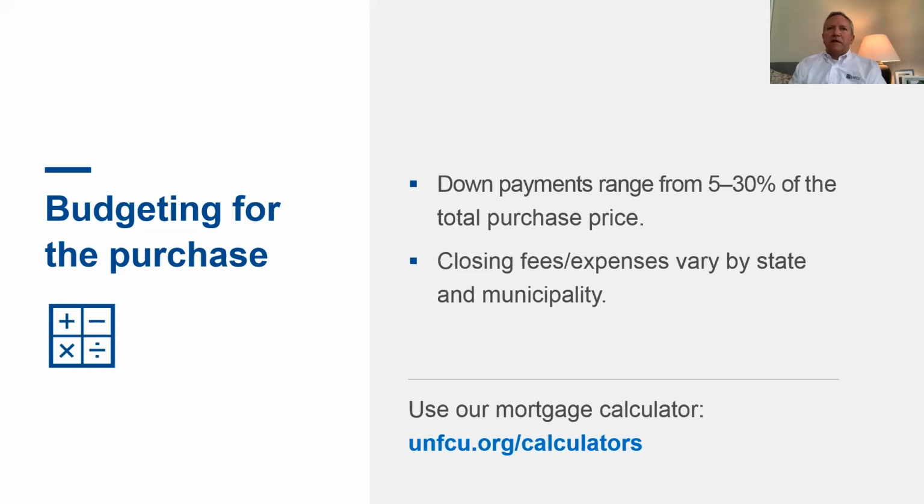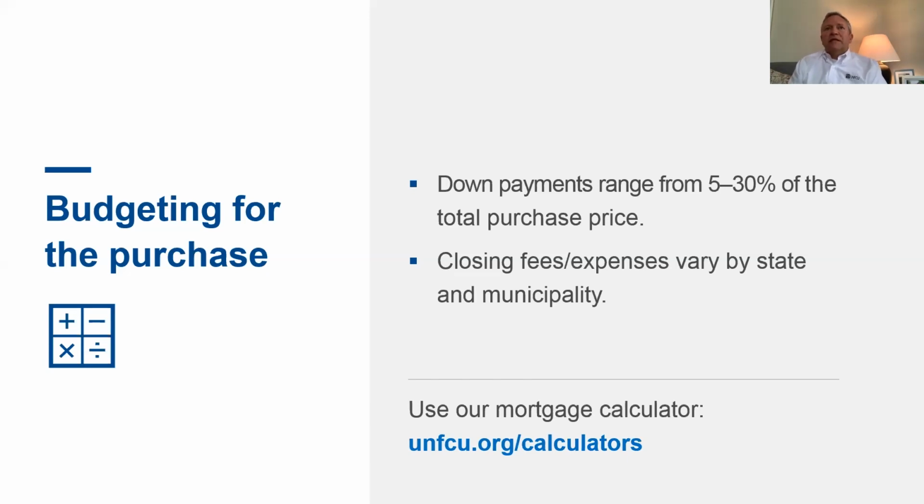Fees will vary by state, by city, by county, depending on where you're buying and what you're buying. In some parts of the country, closing fees may be $5,000, $6,000, $7,000, which is still a lot of money. But compared to some parts of the country like New York State and New York City, where closing fees could be another 5% of the purchase price at minimum.